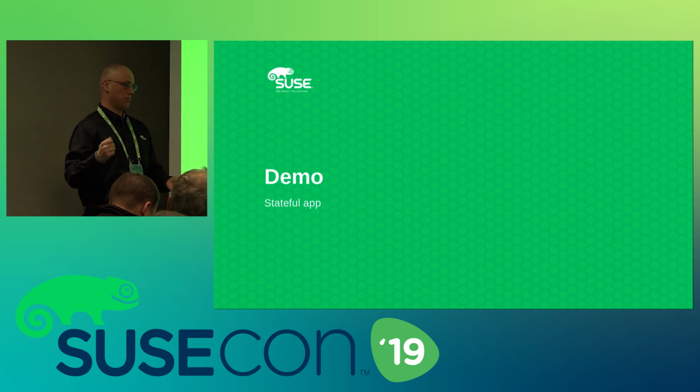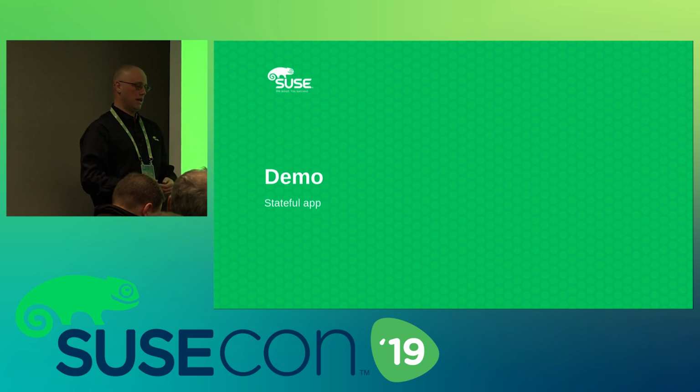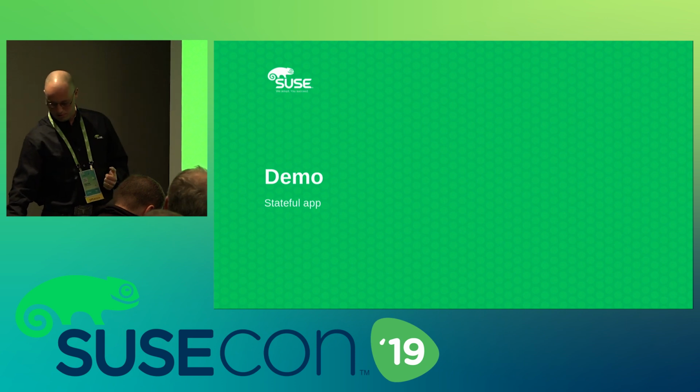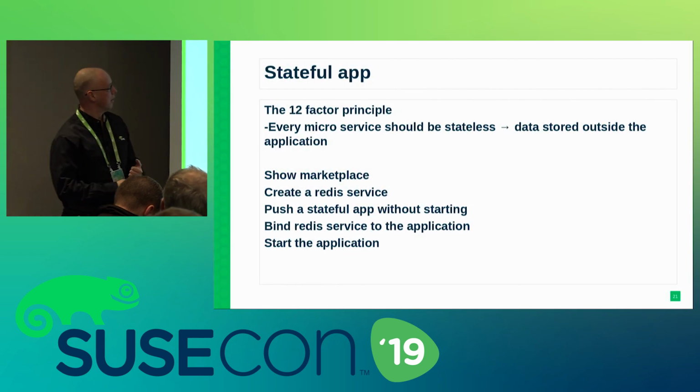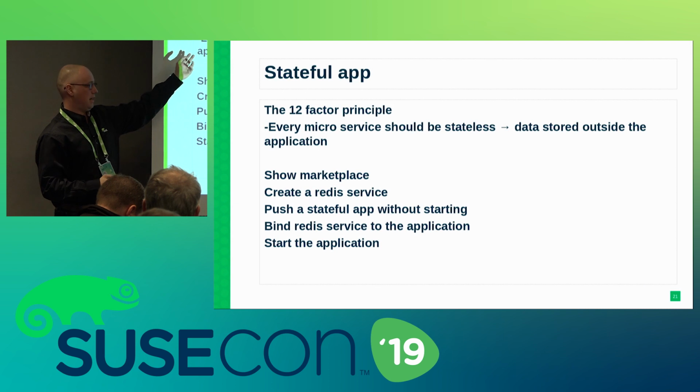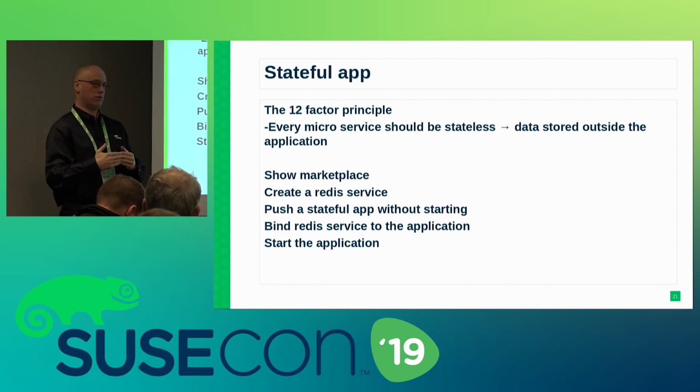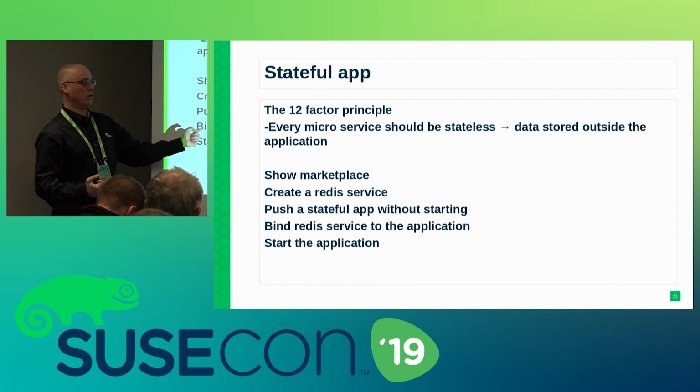The reason is that you should be able to move them around, kill them, and start up many of them, and the application itself should not contain a state. It should be somewhere else, for example in a database. So I'm going to connect one of my applications to a Redis database in the backend and show that it is using that, and also how easy it is done using Cloud Foundry.